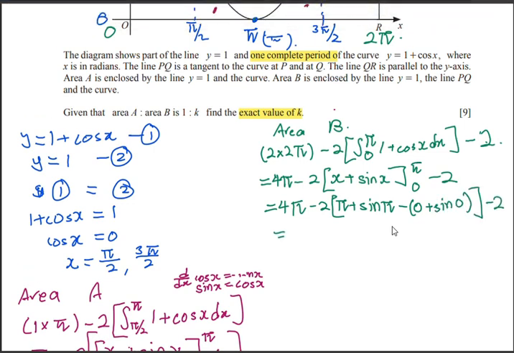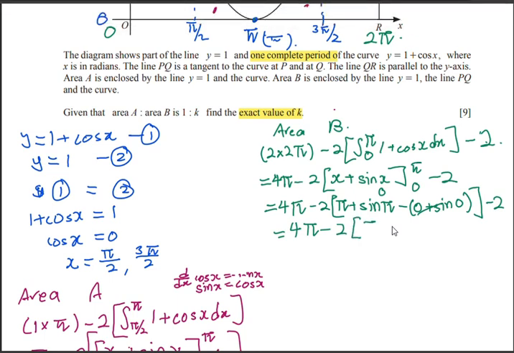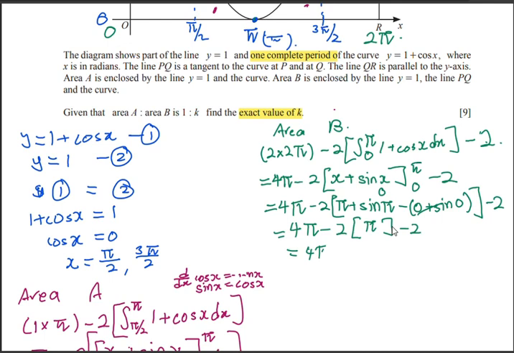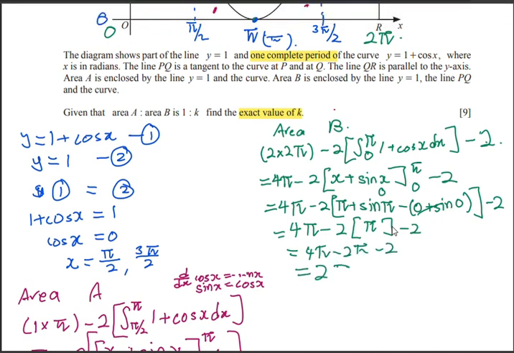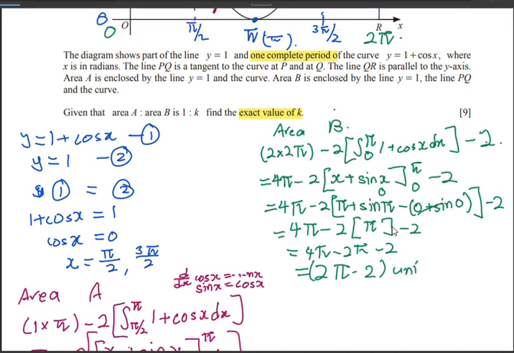Sine 0, this whole thing cancels out, and then I'm just left with 4 pi minus 2, this whole thing is pi only, because pi plus 0 is pi, and then minus 2. So here you will realize that you get 4 pi minus 2 pi minus 2, so 2 pi minus 2 bracket units.